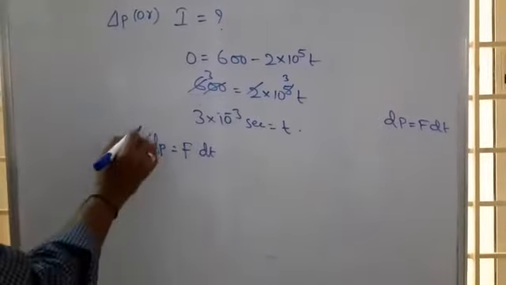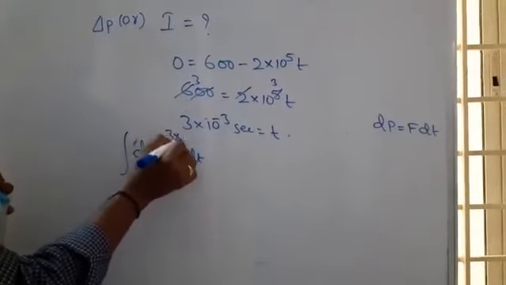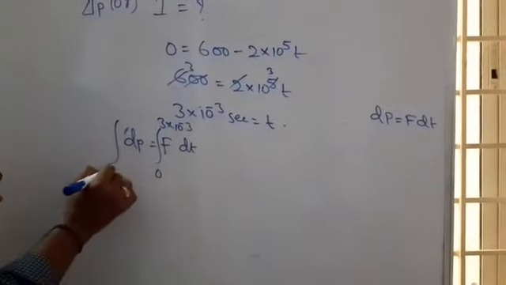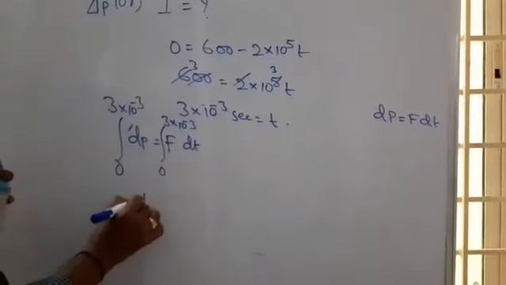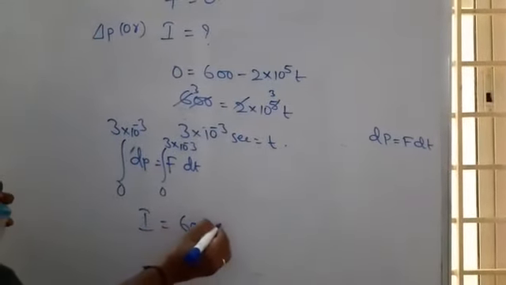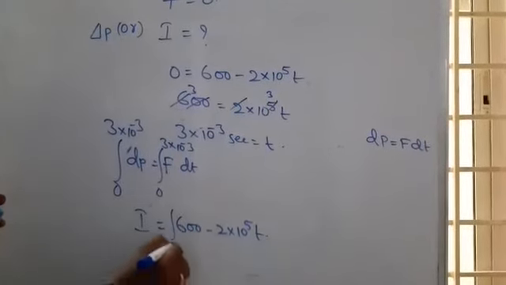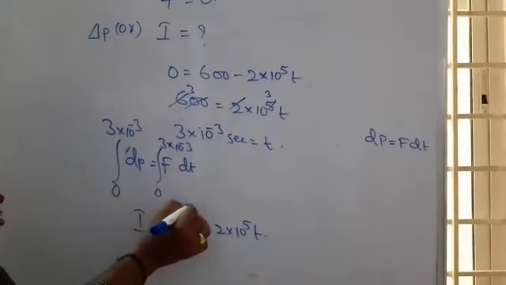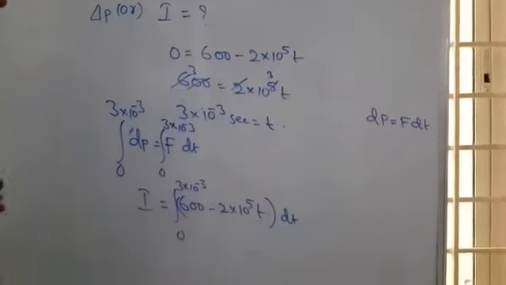Integration with limits 0 to 3 into 10 to the power of minus 3. Therefore impulse is equal to the integral of force, 600 minus 2 into 10 to the power of 5 t, from 0 to 3 into 10 to the power of minus 3, dt.